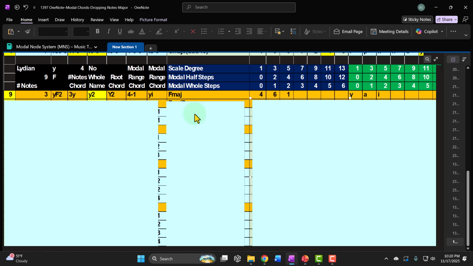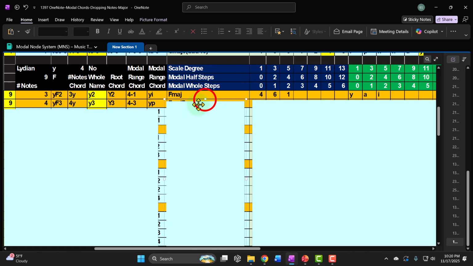It doesn't give me that information. But if I was to call it a 3Y, Y standing for Lydian, then I know it's going to be a triad in the collection of notes around the key of C typically. Why? Because now I have a triad on that nodal point, on the F nodal point, which means that it has to be in that specific spot, or a Lydian 2, meaning 2 modal whole steps up from that point.